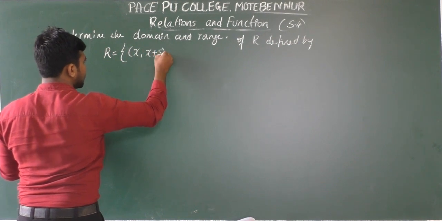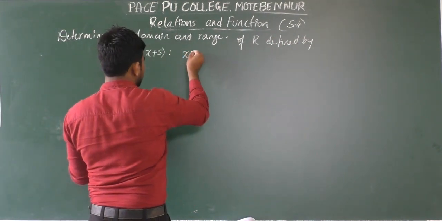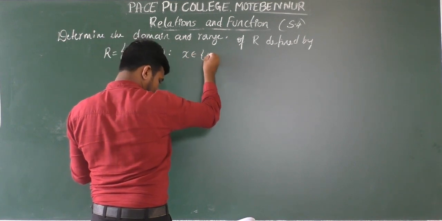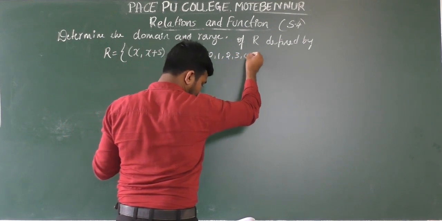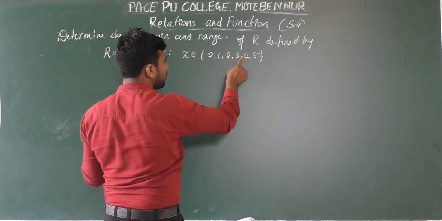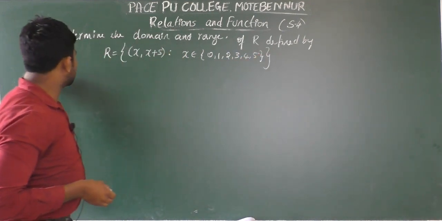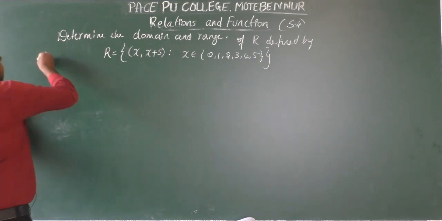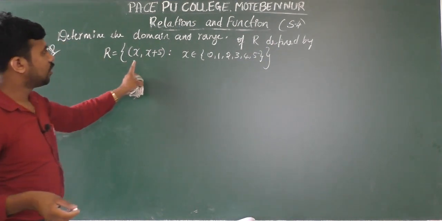Here x and y, they have given y as x plus 5, where x takes the values 0 1 2 3 4 5. x can take only these values, 0 1 2 3 4 5. So this is included in this set. Okay, so like this, the given is also a very important question. See, determine the domain and range of R.